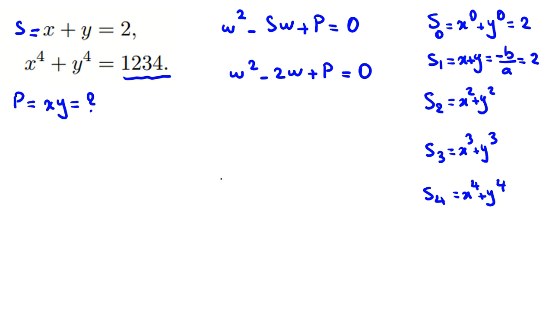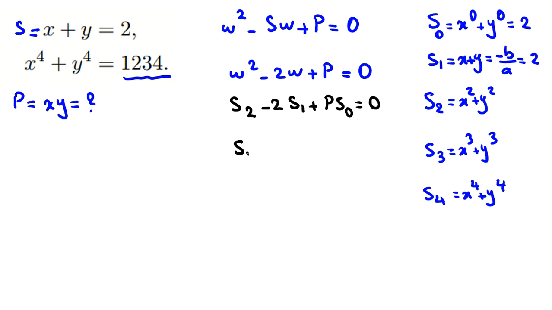So S2, we want to find S2. With Newton's sums that I explained in the previous part, S2 minus 2S1 plus PS0 equals 0.